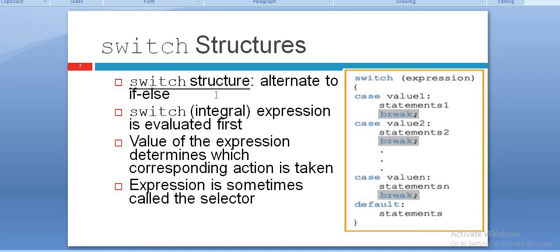if our week starts from Monday, and we assume that if the day 1 is selected, it means Monday. If 2 is selected, means Tuesday. 3 is selected, Wednesday. 4 is selected, Thursday. 5 is selected, Friday, and so on.